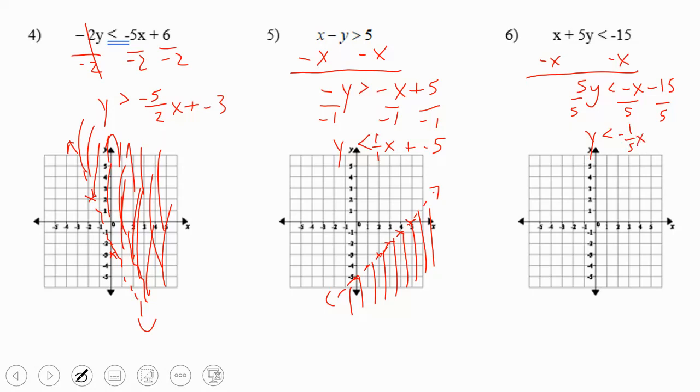I'm going to write this as a fraction. So -3, down 1 to the right 5, up 1 to the left 5. Dashed line, because it's not equal to. And I'm going to shade under, drawing my vertical lines from the line down.